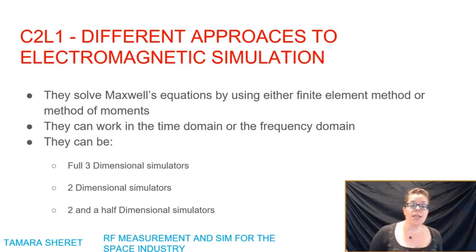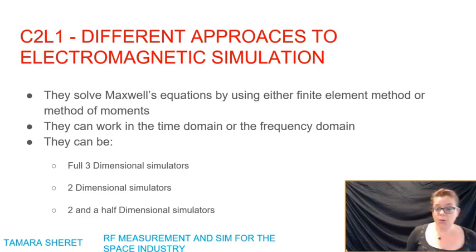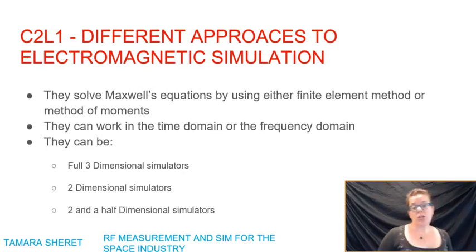As I said, electromagnetic simulations solve Maxwell's equations directly. You can use either the finite element method or the method of moments. Makes very little difference which one you're doing. They both work very well. The main difference is you can take time domain or frequency domain measurements.